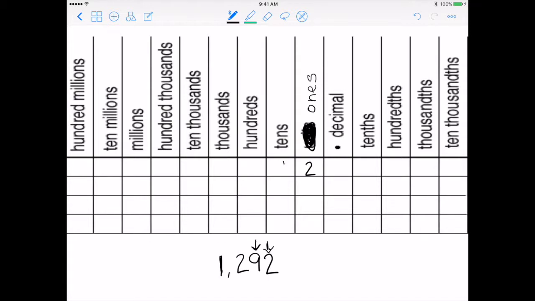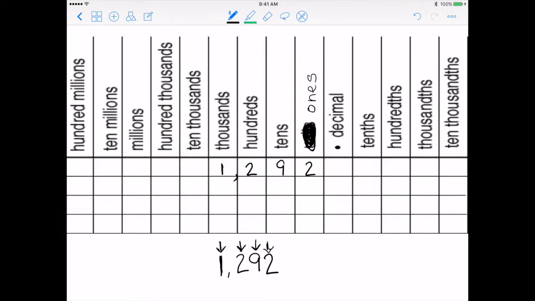So we're going to put our 9 in the tens place. The next digit to the left is another 2, and it actually lives in the hundreds place, so we're going to fill that in here. And finally, our 1 to the very left is actually in the thousands place.